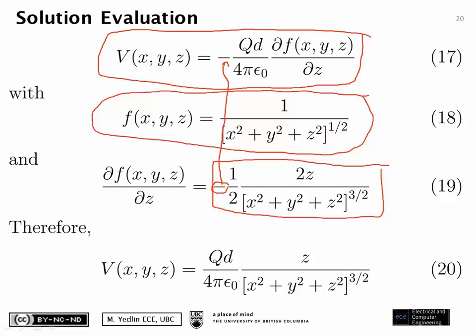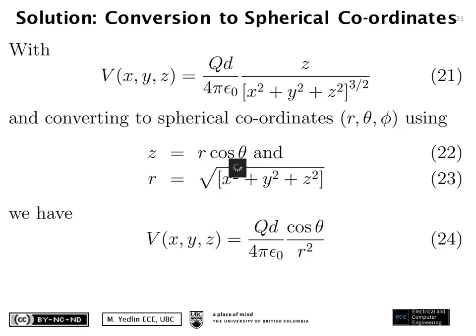The only thing we have to do is to convert it to spherical polar coordinates, which we do in the next slide. All right, now we do the final conversion, and that's very straightforward. Equation 21 is just a repeat of the solution we got on the previous slide. We know from spherical polars that z is r cos theta. R is just the Pythagorean distance to our observation point.